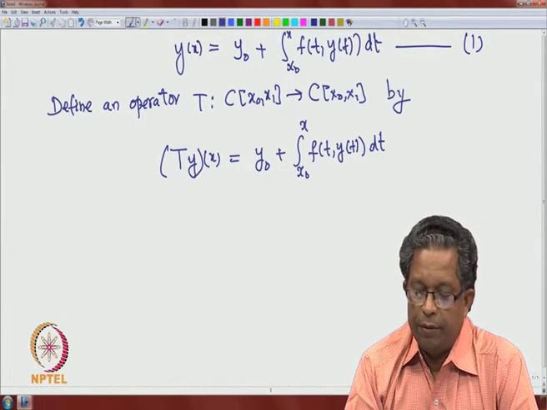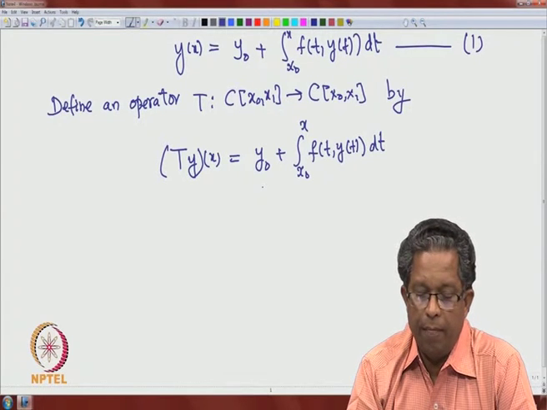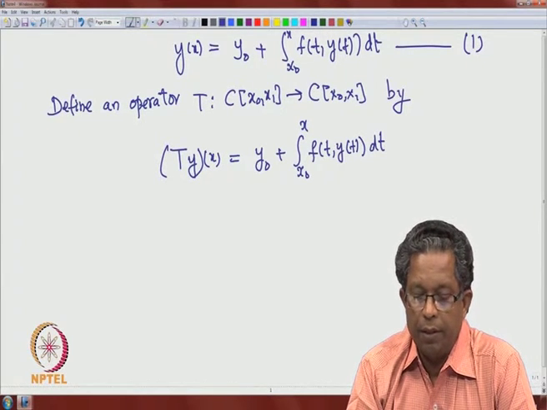So, f is a nonlinear function, and therefore T is a nonlinear operator from the Banach space C to C.